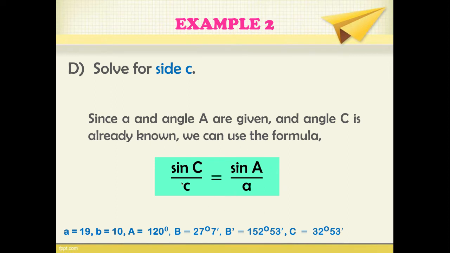Take note that when you decide which proportion or formula to use under the sine law, make sure that in your proportion, there should only be one unknown. Now, in this proportion, angle C is given, so check. Angle A is given, so check. Side A is also given, so check.